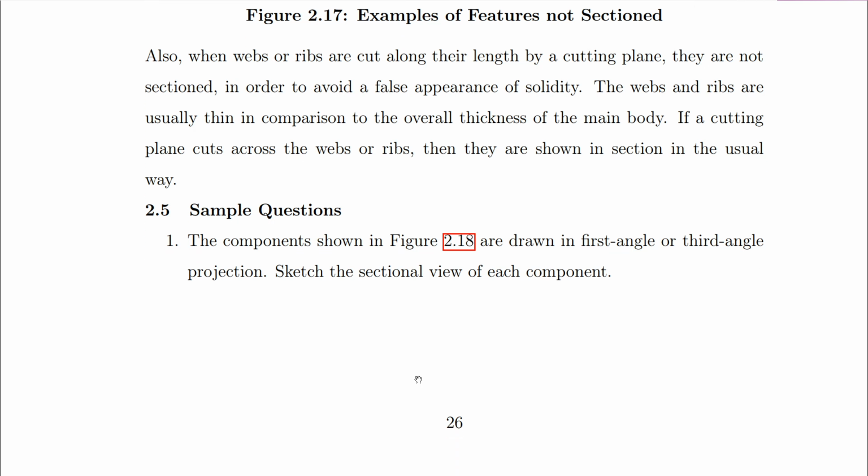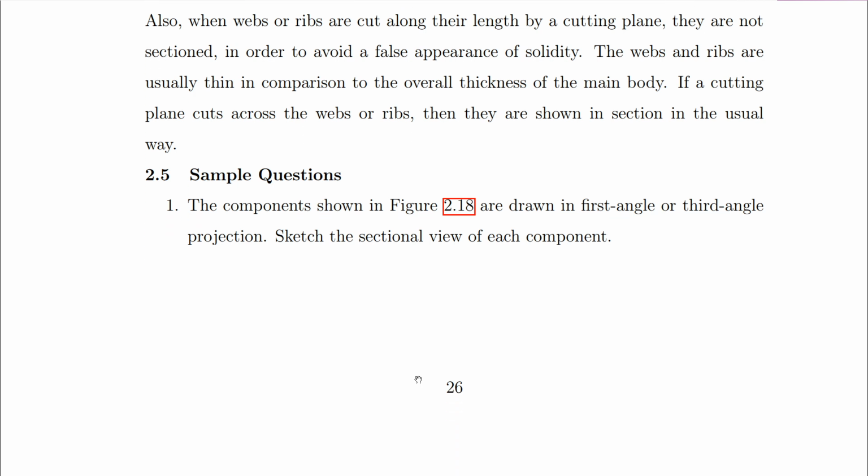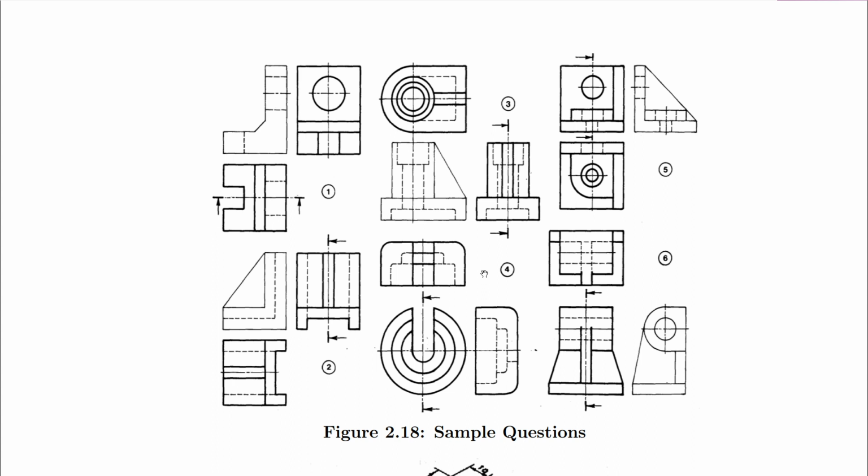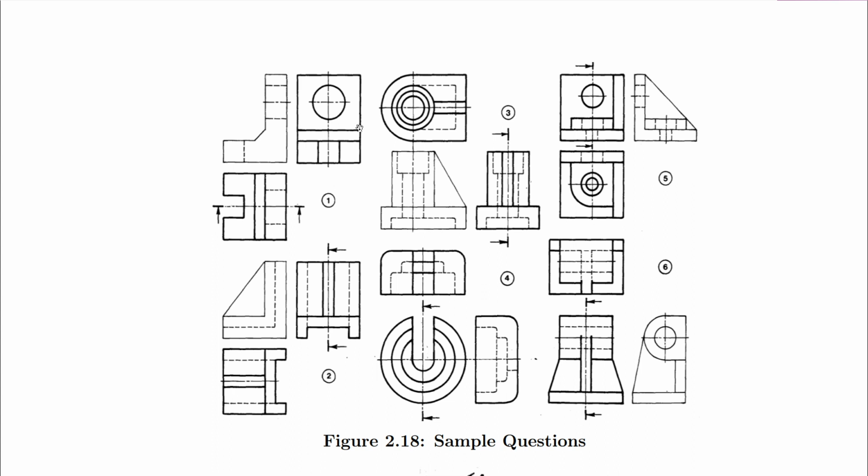So we have these components drawn, and we have to sketch the sectional views of each component of this drawing. They are drawn in either first or third angle projection, so we have to identify which angle projection we have here.